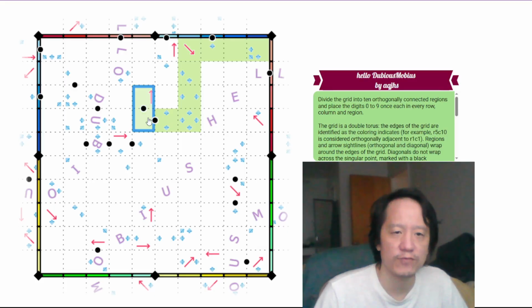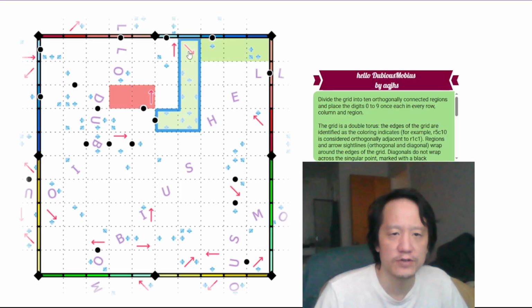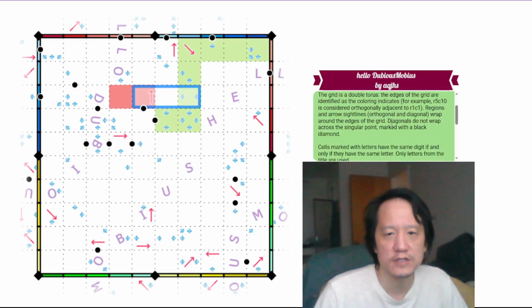Another example of one which does not work is something like this. Even though they can connect to each other by going through edges, to connect to any other cell in the region, they would have to either cross through a corner or go outside the region. And that's typical chaos construction rules.